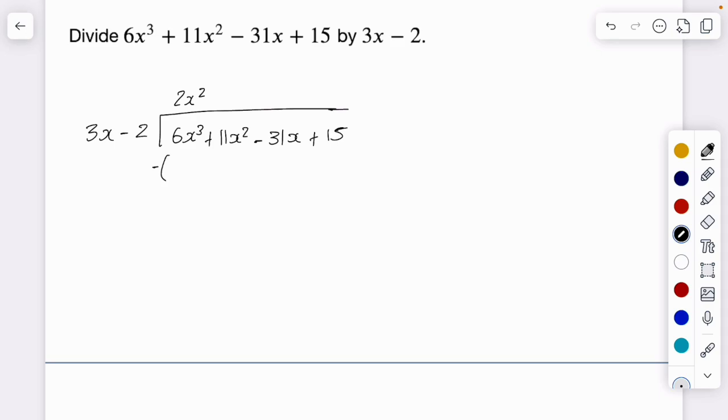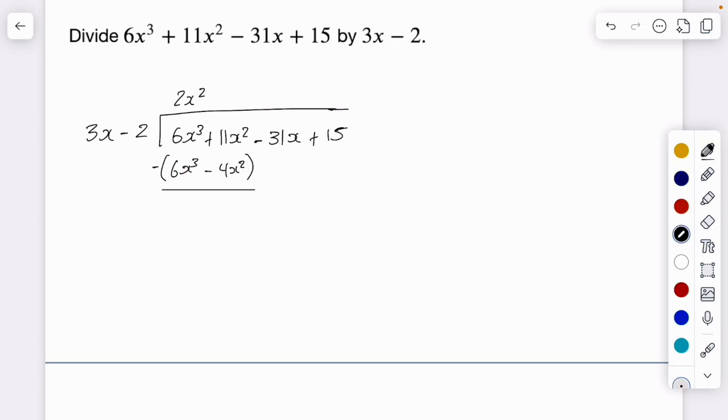Then we do 2x squared times 3x, that's 6x cubed, and 2x squared times minus 2 is minus 4x squared. We get that, then we're going to minus. 6x cubed minus 6x cubed, that's 0.